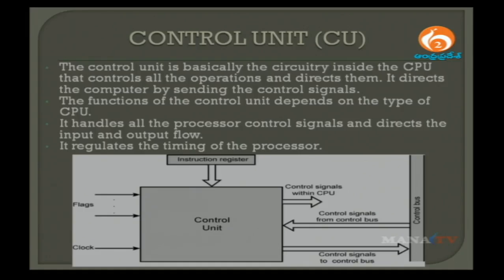Alright. Now let me take you to the last point in the slide, that is, it regulates the timing of the processor. For example, you have gone to the market, and you will see many kinds of CPUs: low configuration, medium configuration, and high configuration computers.